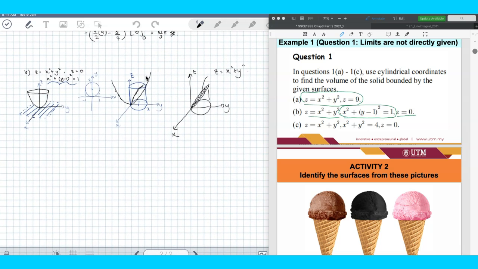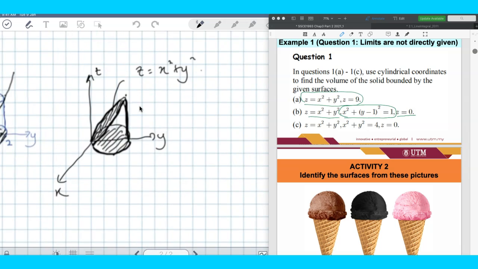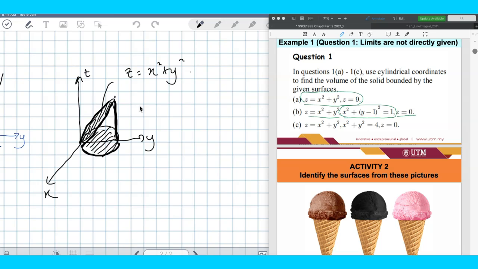So where is your z equals 0 plane? The z equals 0 plane will bound this. Actually your cylinder is very long, but it is limited by z equal to 0, which becomes the floor. So now this is closed. That is the solid.